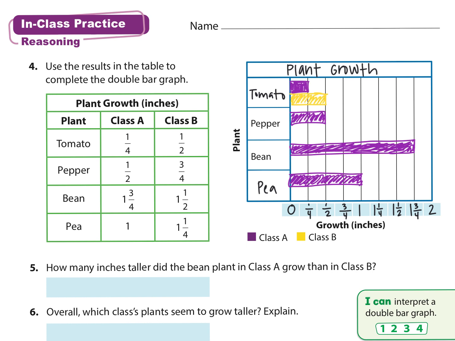A pepper? 3/4. A bean? 1 1/2. And then a pea? Just 1.